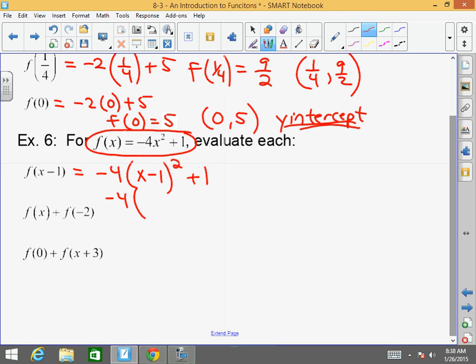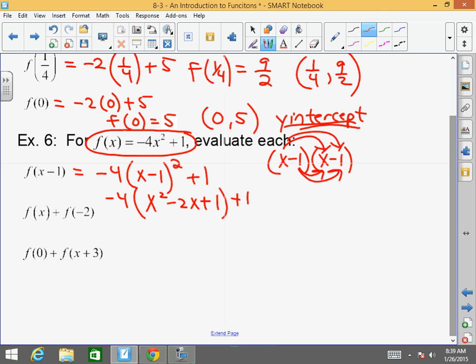These are skills we have already learned. So this is x squared minus 2x plus 1. If you don't remember how to do that, remember it's x minus 1, and then you have to FOIL, which I'm not going to do because we're beyond that already. So we have negative 4 times x squared minus 2x plus 1, plus 1. Now distribute.